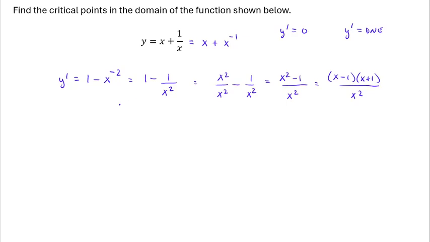All right, so let's go ahead and take a look at where y prime is equal to 0. We're going to take our derivative, set that whole function, x minus 1, x plus 1 in the numerator, over x squared equal to 0. And the only time a fraction is going to be equal to 0 is when the numerator equals 0.